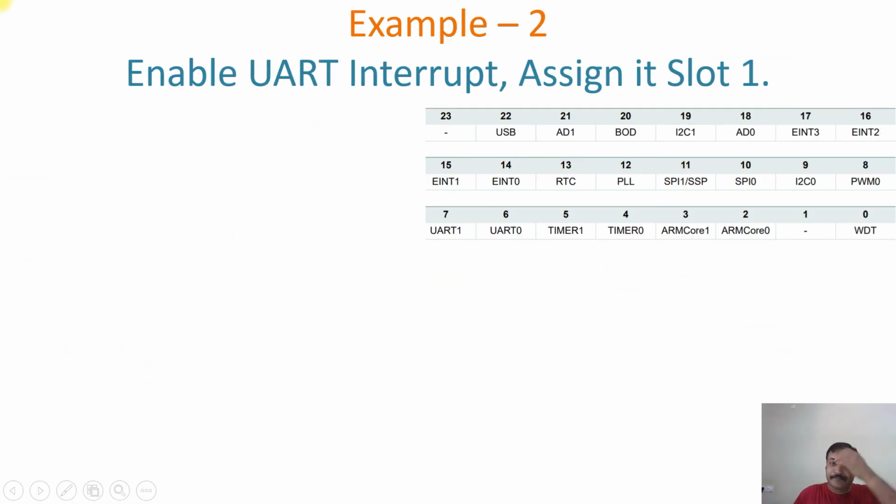Example 2. Enable UART interrupt, again UART 0, and assign it to slot 1. So what are the three things? I am using slot 1 in this case.